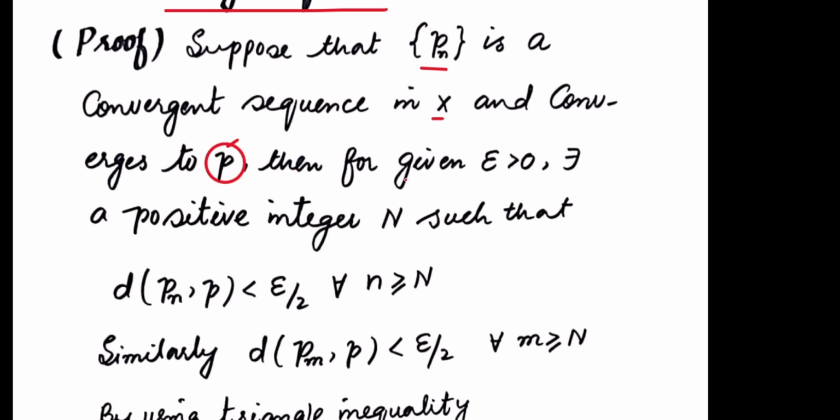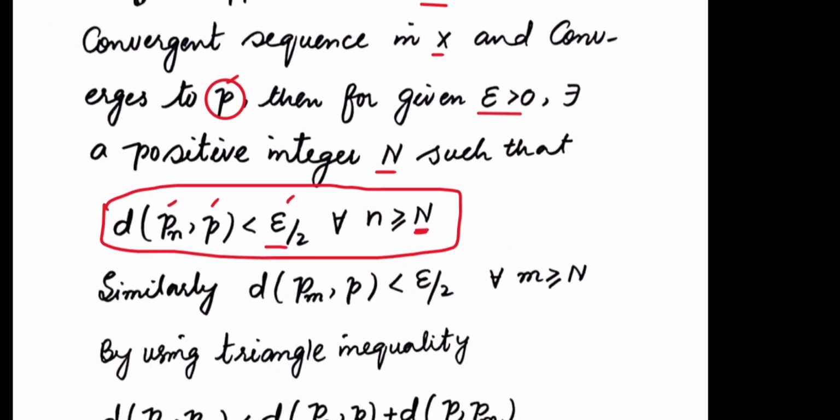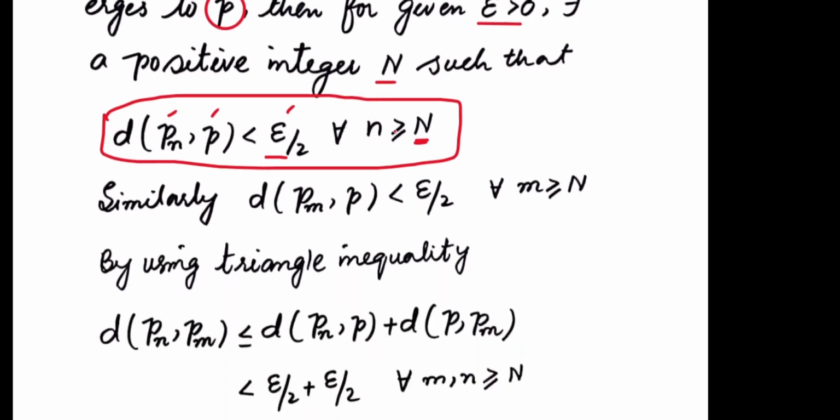Then by definition of a convergent sequence, for a given positive real number epsilon, there exists a positive integer N such that the distance of this sequence from its limit will always be less than epsilon by 2, whenever your suffix n is greater than or equal to N. As epsilon is positive, epsilon by 2 is also a positive real number.